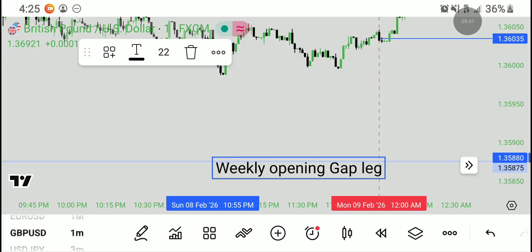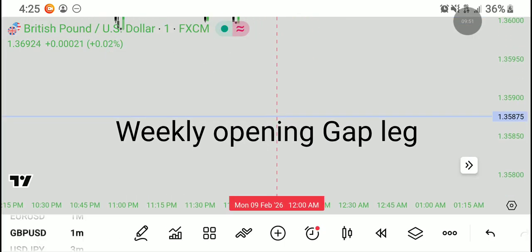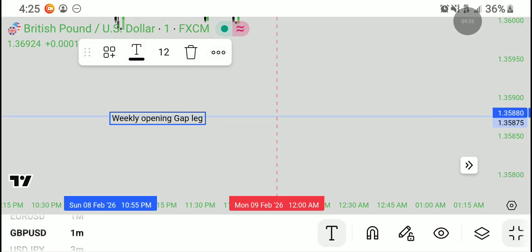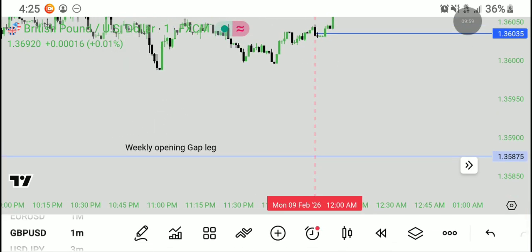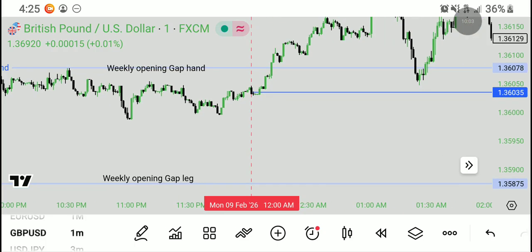You can see it. Weekly opening gap leg, which is the gap. Okay.